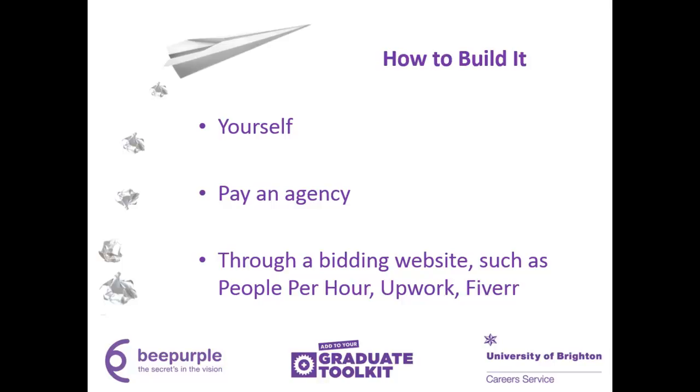These are websites like People Per Hour, Upwork, or Fiverr, where essentially you go onto these websites and say, this is the job I'd like done. And then you get lots of skilled professionals from around the world bidding to take that job from you. So you might have someone from Bangladesh, for example, saying, I could do this job, it'll cost you £1,000.